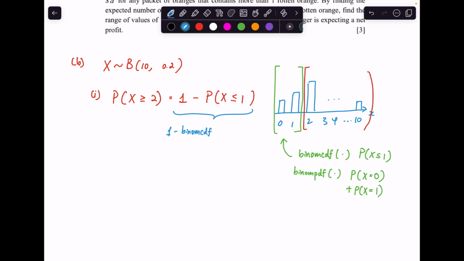Then you put in 10 trials, probability 0.2, and you want up to 1. This is what you type into your GC. Your answer should come out as 0.62419..., and then you can round off to 0.624. And that is your answer.